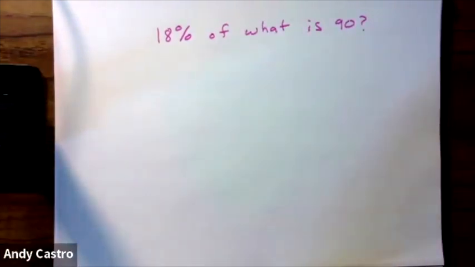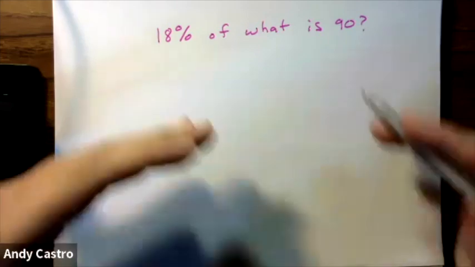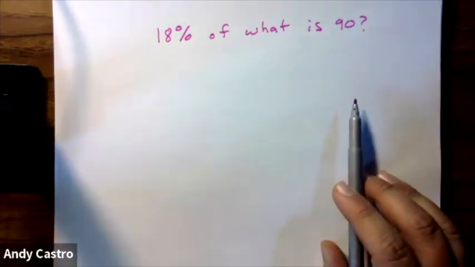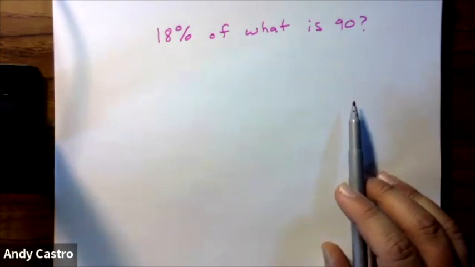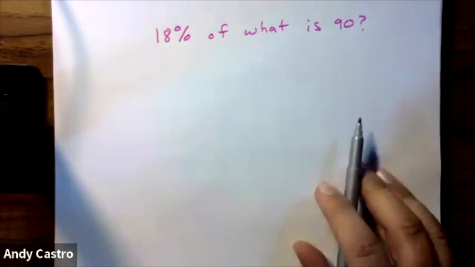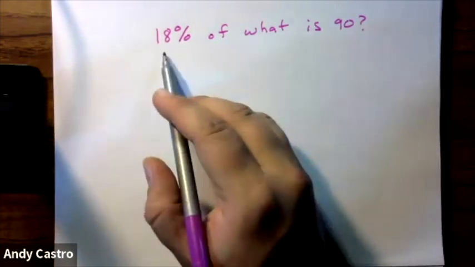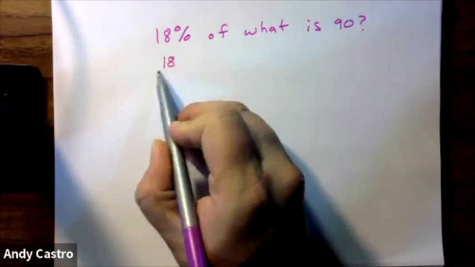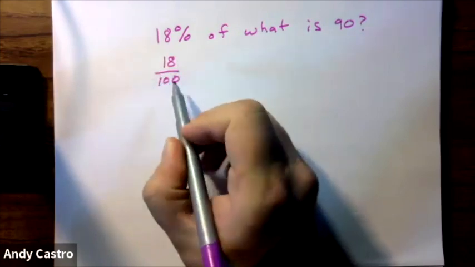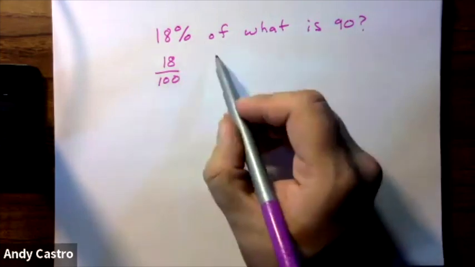So if you think you've got a good handle on this and you want to work ahead of me, that's fine. I'm going to work this out step by step, kind of in how I've taught you. And go ahead and message me the answer if you think you know what it is. But I'll go ahead and write this out. Okay, so this is going to be 18 over 100, 18 per 100, per cent.